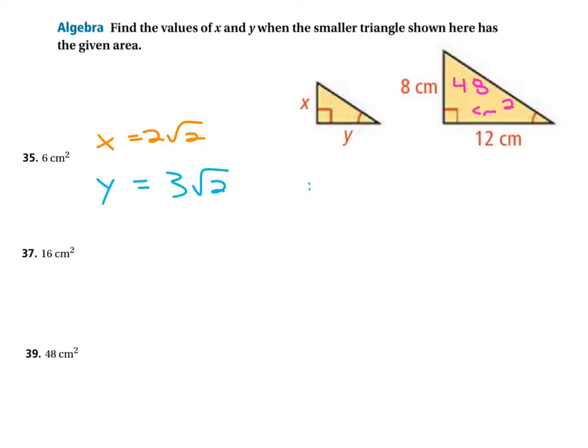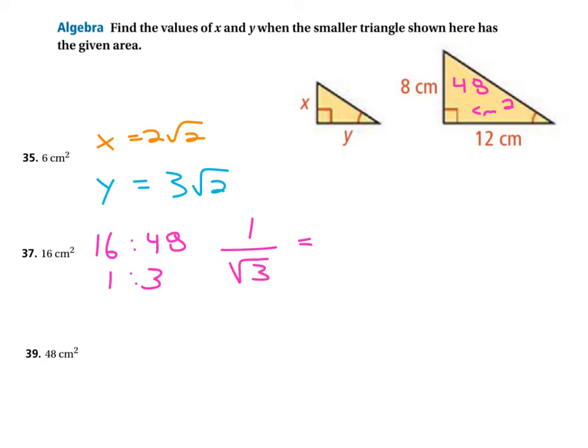Now, we've got an area of 16 for the small one to an area of 48 for the large one, which simplifies down to a 1 to 3 ratio. Remember, we have to square root it, so we get a 1 to root 3 ratio for these.